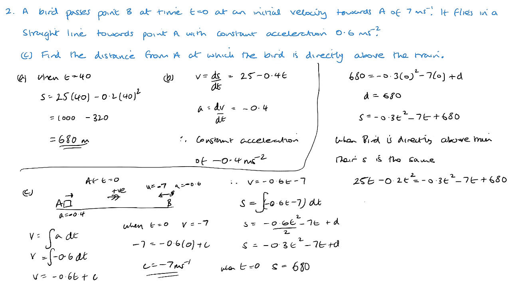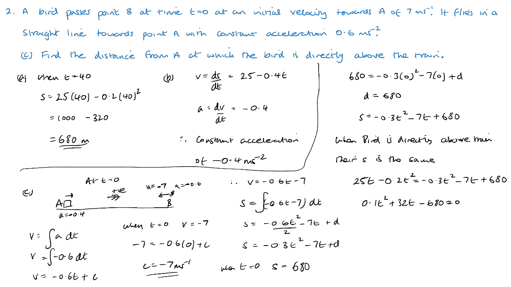So getting it all on one side, we get 0.1t squared. Now we're adding the 7t, so it's going to become 32t, and then we're taking away the 680.